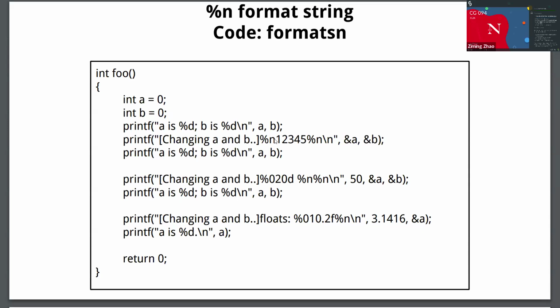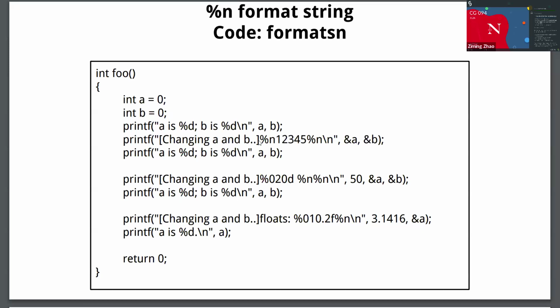Since we're looking for an address, the address we're giving it is a's address, okay? So printf is going to write into a's address. And what are we going to write? We are going to write how many bytes, how many characters this printf function has printed out so far. So how many bytes?